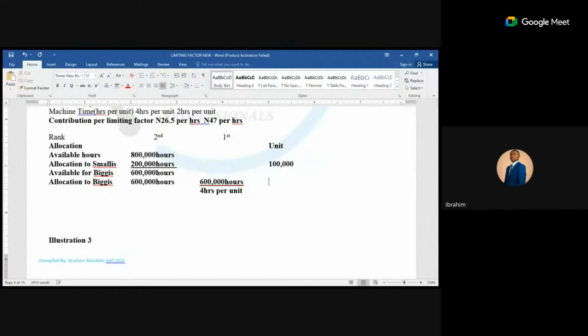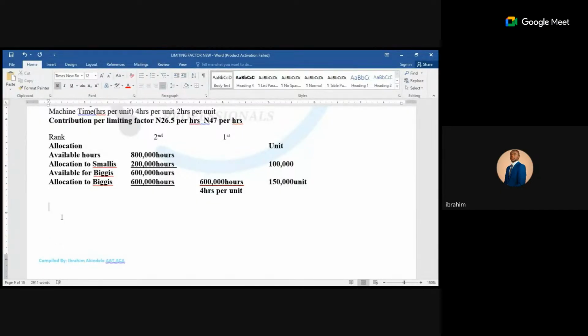That is the only capacity that we have to produce. We cannot produce the whole 200,000 units because of biggies. That is where the constraint is. We can't produce everything. We can only produce 150,000 units.